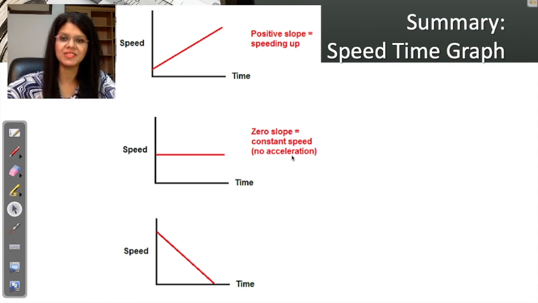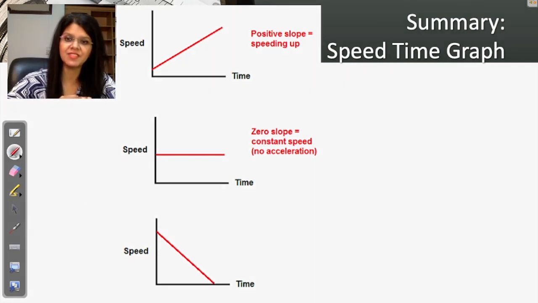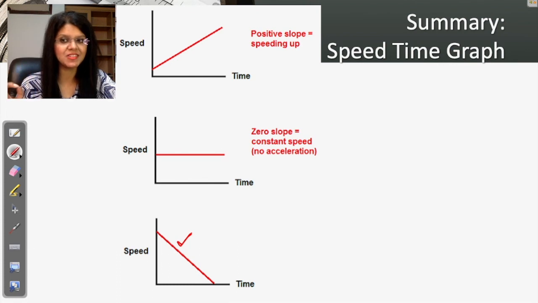A speed time graph which is going down has a negative slope. Negative slope means negative acceleration. Negative acceleration is deceleration, slowing down.